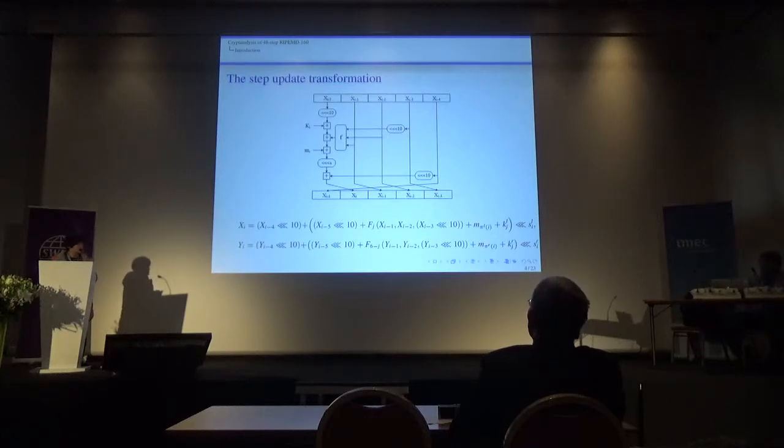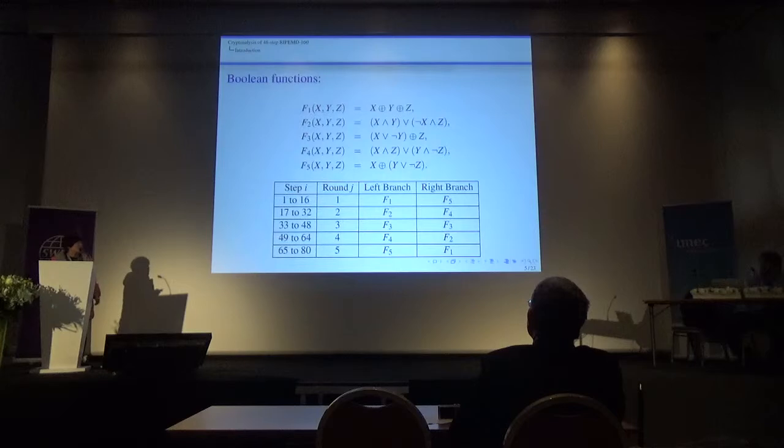The Boolean functions are as follows. In the left branch, round 1 uses the Boolean function f1, and the last round uses f5. In the right branch, round 1 uses f5, and the last round uses f1.